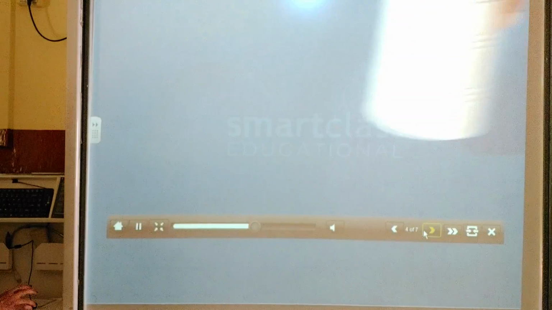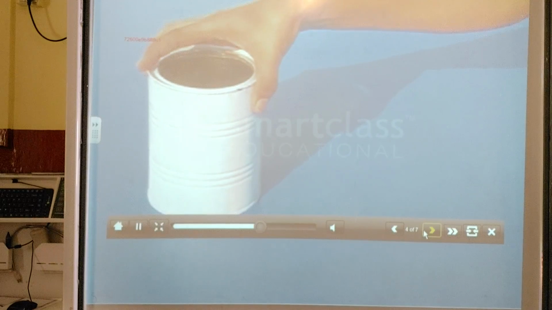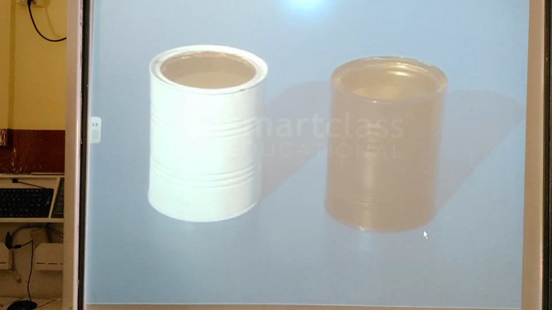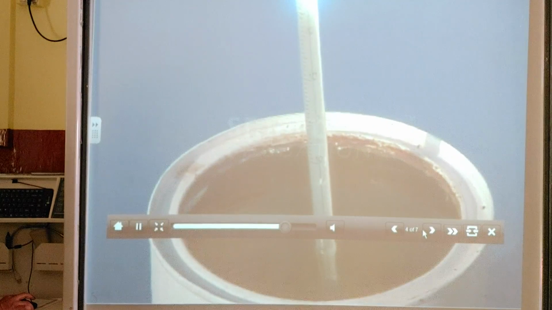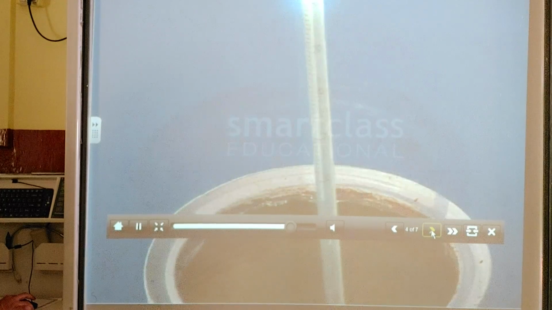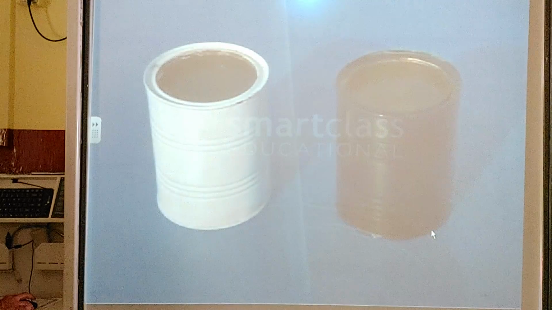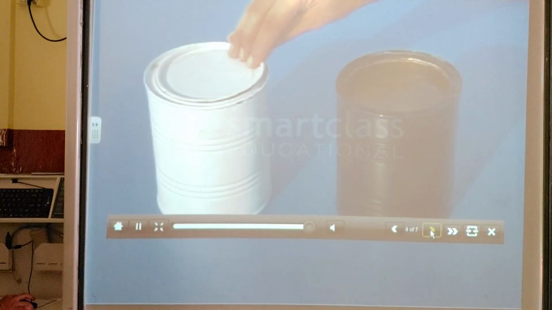Now take the water which is at room temperature and measure its temperature. It is 26 degrees Celsius. Now keep them in the midday sun for 1 hour.